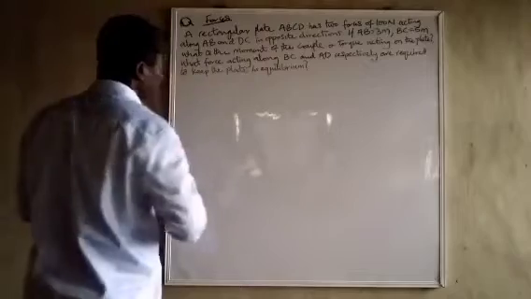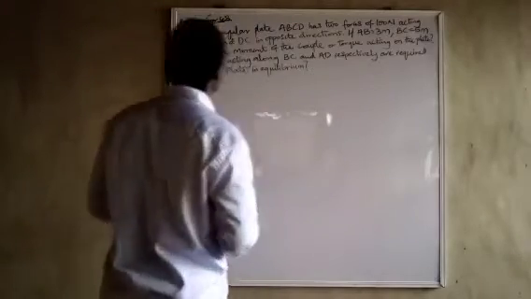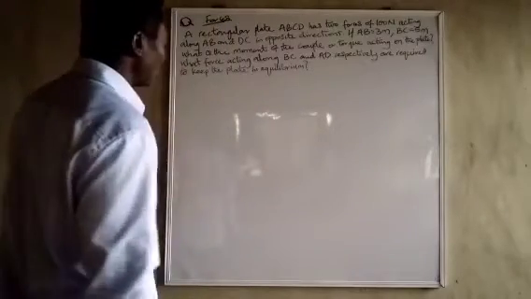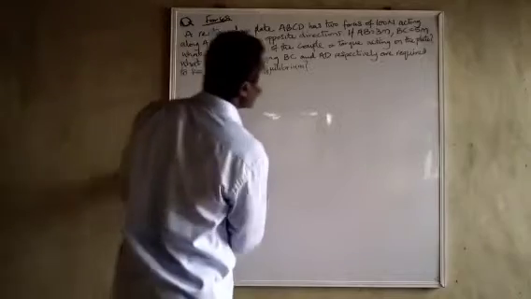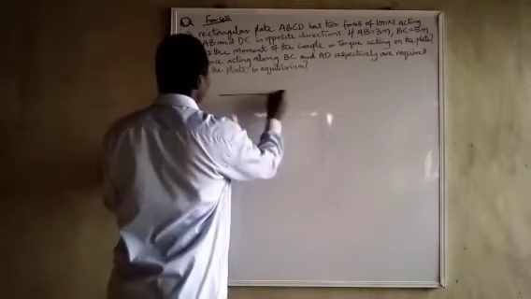A rectangular plate ABCD has two forces of 100 Newton acting along AB and BC in opposite direction.